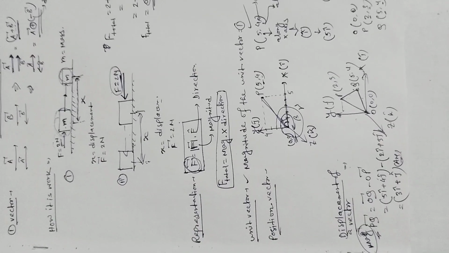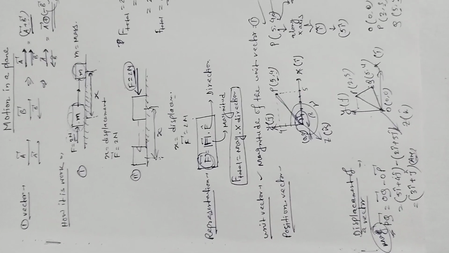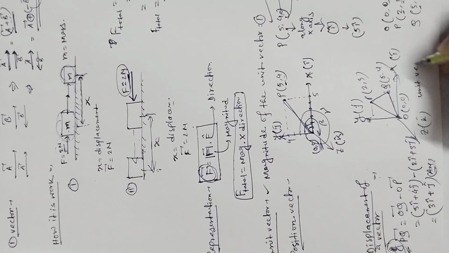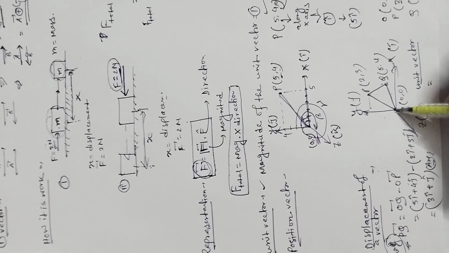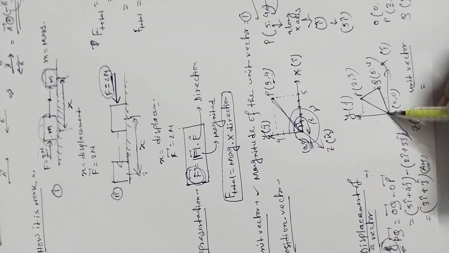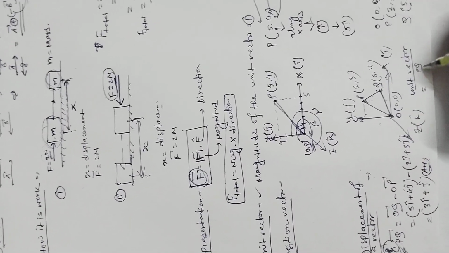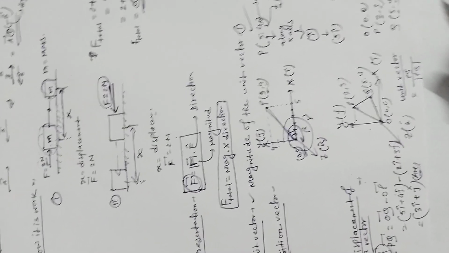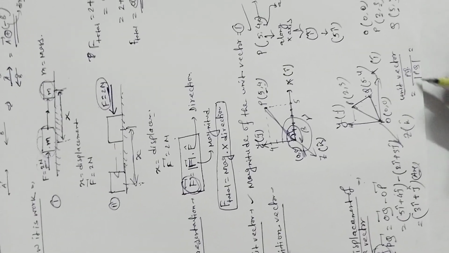So sir, unit vector. What is the unit vector or direction? Unit vector is equal to PQ by mod of PQ. So PQ by mod of PQ, this is the unit vector.